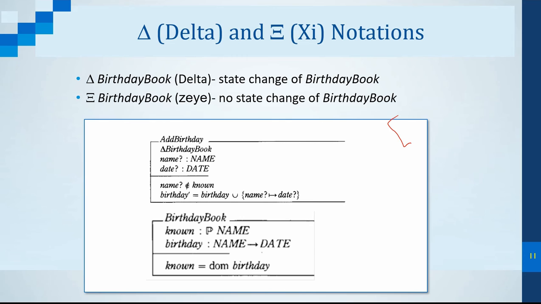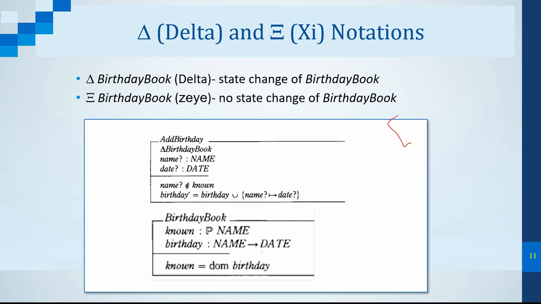If no change, we just display the data of this. So you use this notation, which is z. Okay, z. So here I just add this one to show you, I mean the item, because here we have birthday.